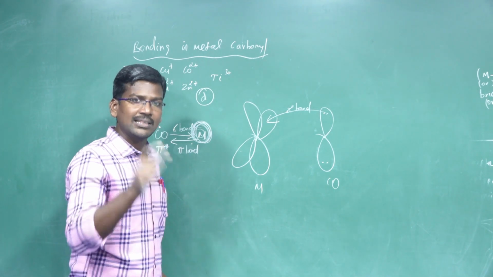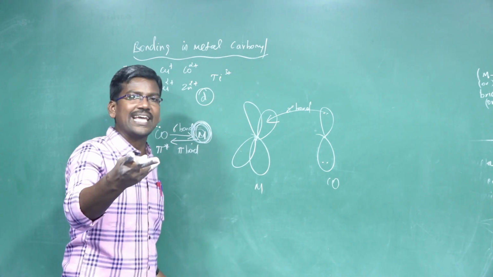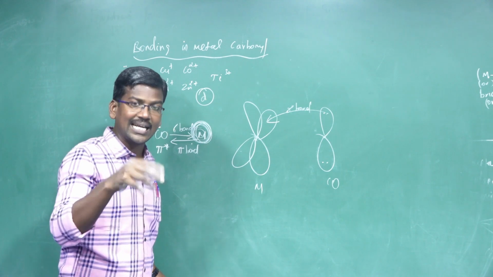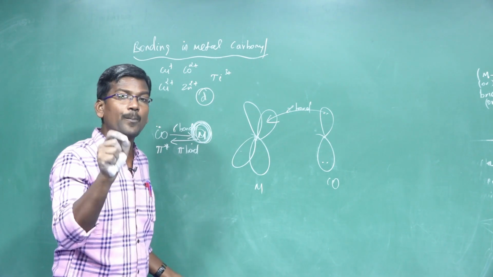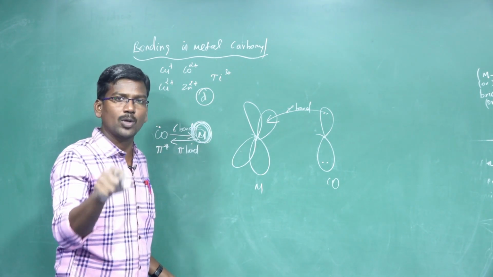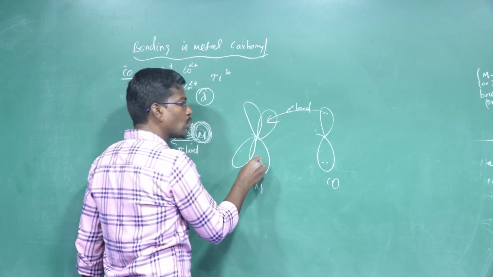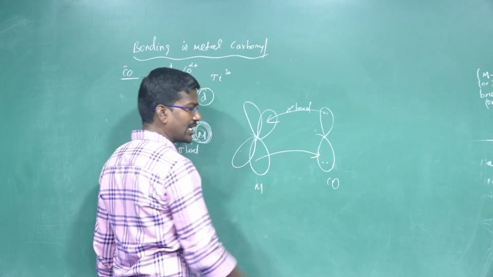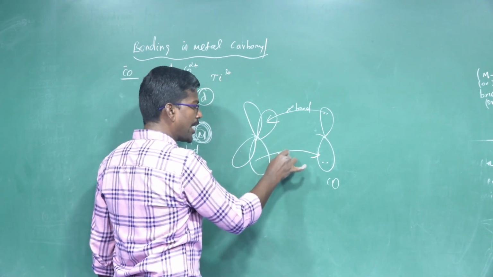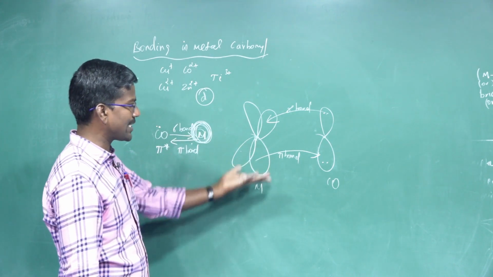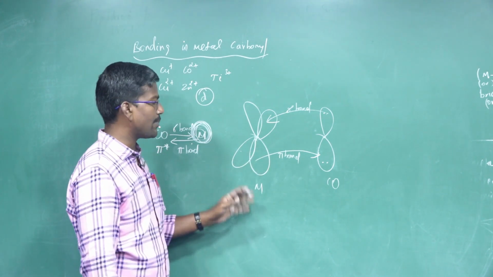In order to compensate the electron density, the d orbital further interacts with the antibonding pi star orbital of carbon monoxide. That's why the d orbital donates its extra electrons to the ligand to form a pi bond. This is the diagrammatic expression of the bonding in metal carbonyls.